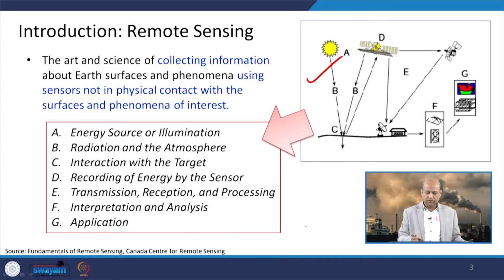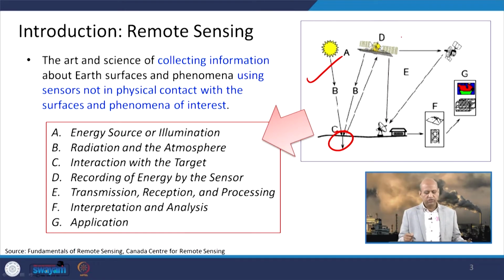If we want to understand what we do in remote sensing, the fundamental concept can be understood with this pictorial representation, where the illumination or the energy source is the sun. The solar radiation comes and the surface absorbs some part of it, then reflects some part of it. You can see at the point C, this is the interaction target of the solar insolation, then it reflects, and then it goes up to the satellite.